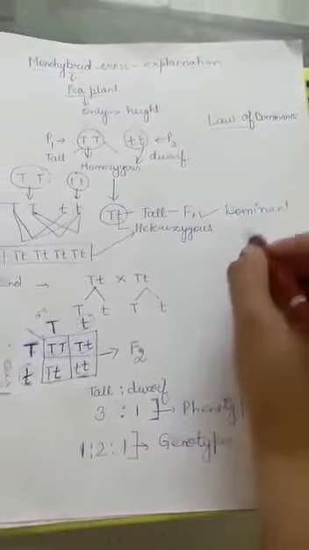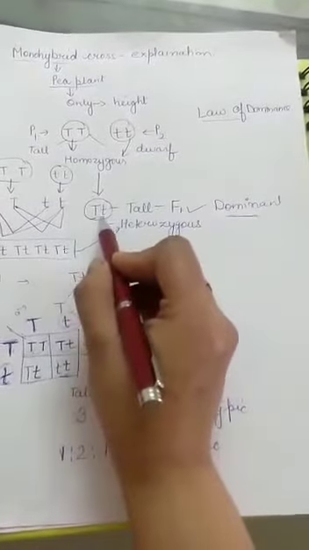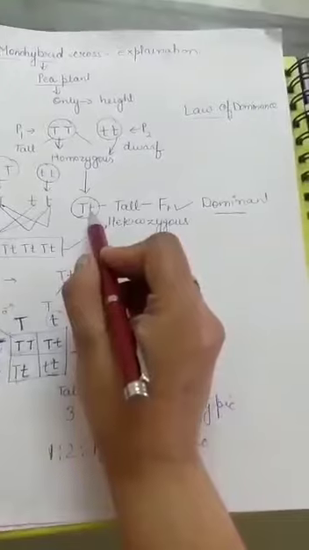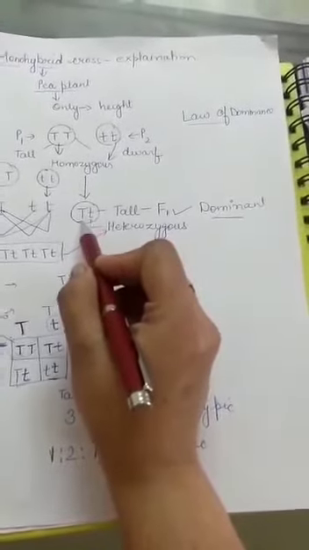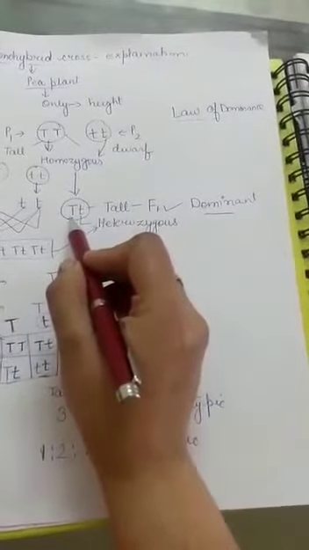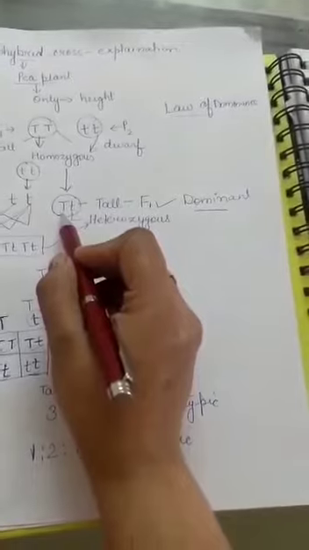Why dominant? Because this gene, capital T, one gene was capital T, and another allele, this is called an allele. So every gene has a pair of alleles. Say for example, this was the gene for height. It has 2 alleles, one for dwarfness and the other for tallness.